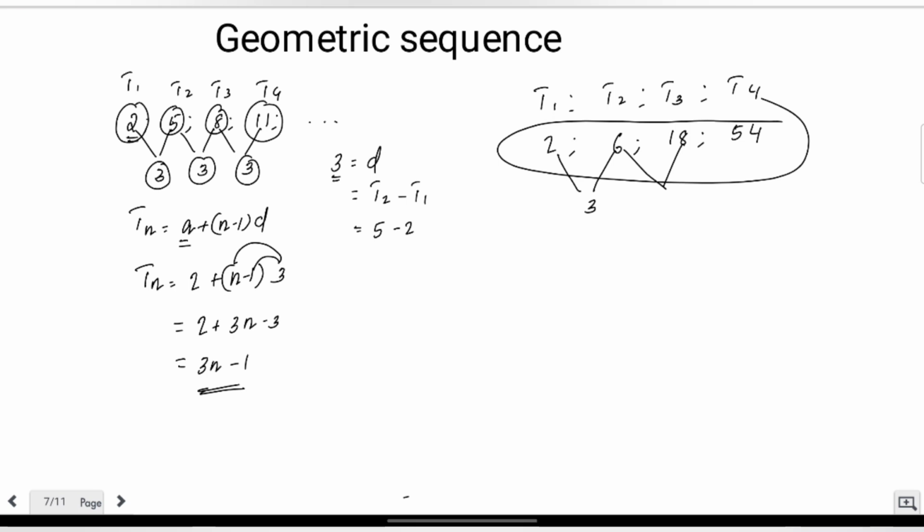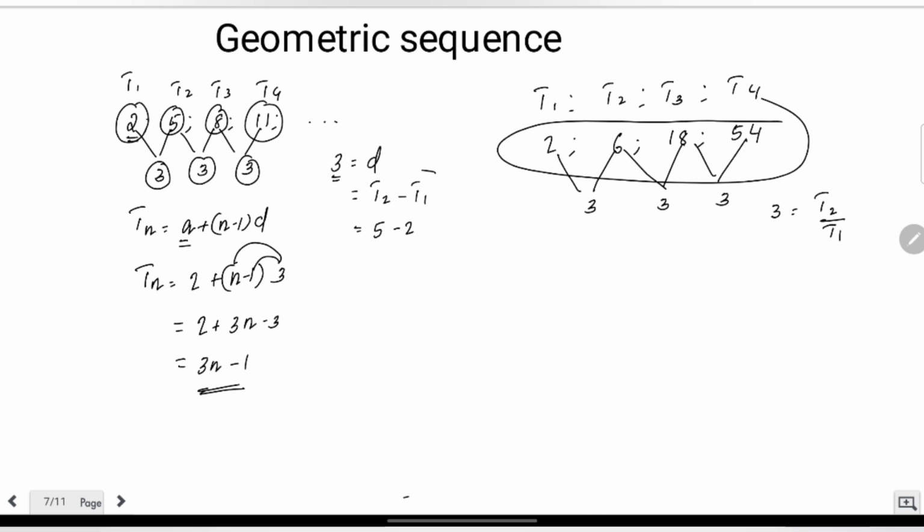Here, when it comes to geometric sequence, you have to do what? Divide. 18 divided by 6 is going to be 3. 54 divided by 18 is 3. Did you see that one? I got a 3, but what did I do here? The process is division, right? So here I got 3 how? Second term divided by first term.